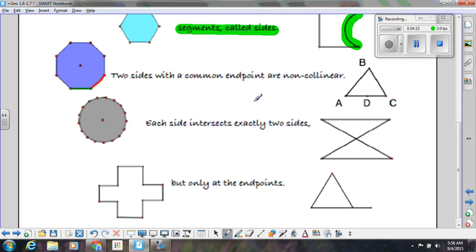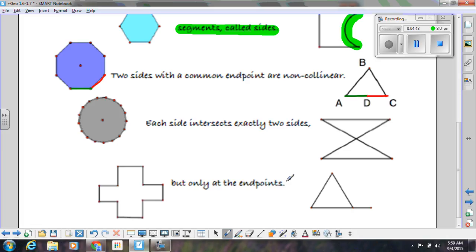However, if I was looking at this one over here, this is trying to say that AD and DC are 2 different sides, and it's not. Notice that they make the same line. So this whole side, AC, would be a side, but we can't just cut it in the middle and say, oh, AD is a side and DC is a side. That's not what is true in polygons.